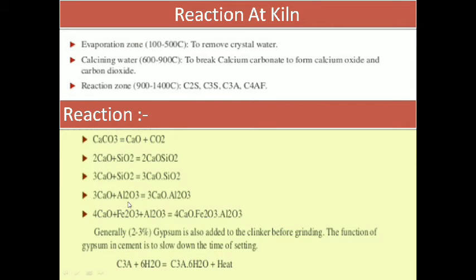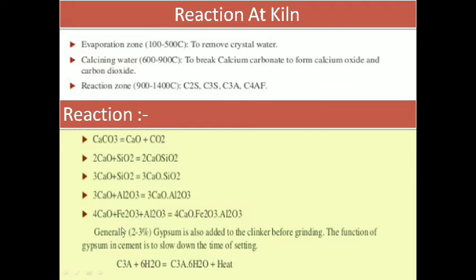This is the important point. This alumina gives the formation of aluminum-containing calcium oxide, and 4 CaO plus Fe2O3 plus Al2O3 gives 4CaO·Fe2O3·Al2O3.